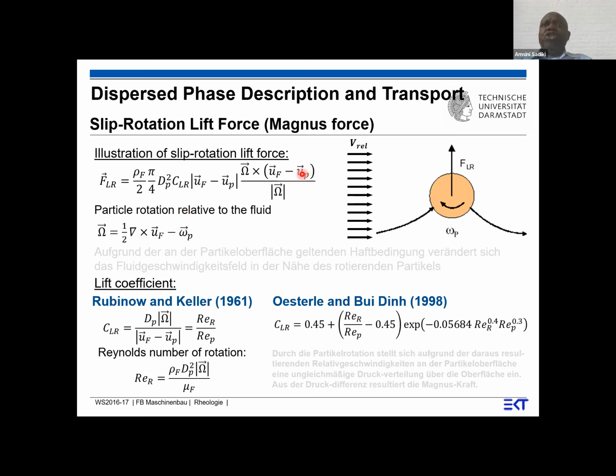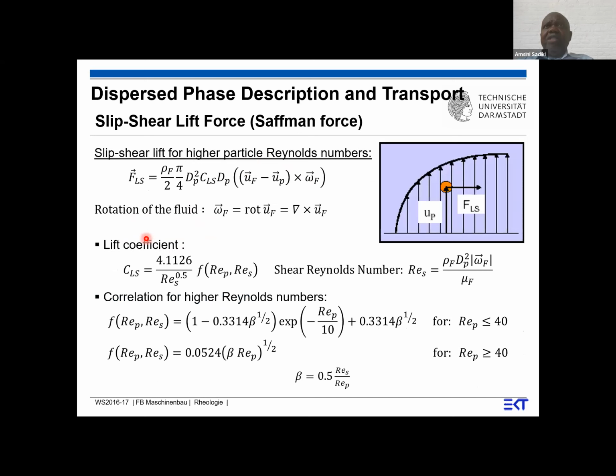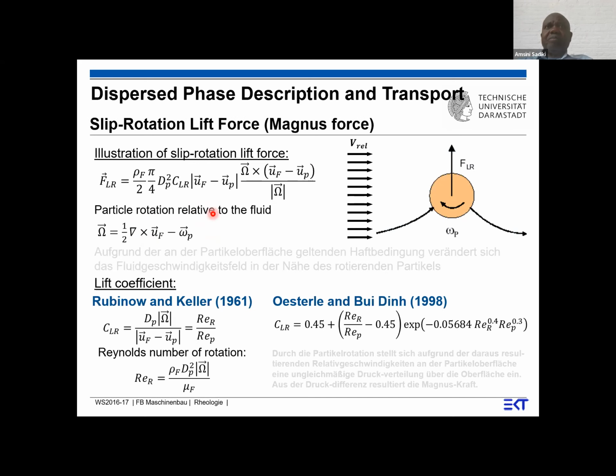The particle rotation here, we have the particle rotation relative to the fluid. It is given by this expression. So we have our omega, what we had before. It is omega F minus this particle rotation, or we can call this a relative particle rotation velocity.